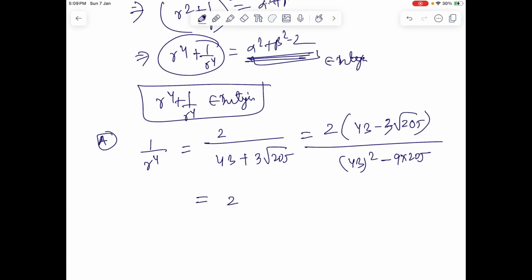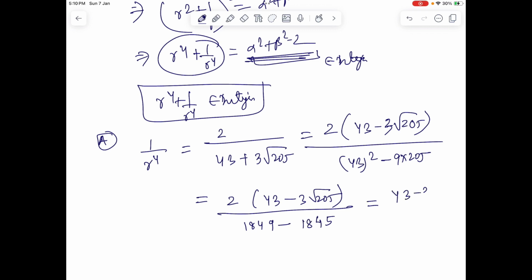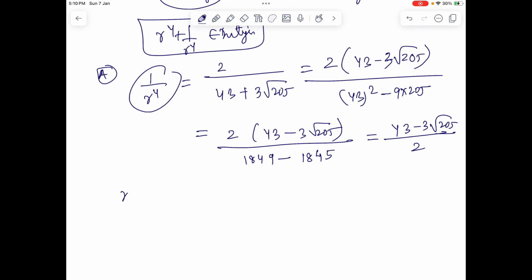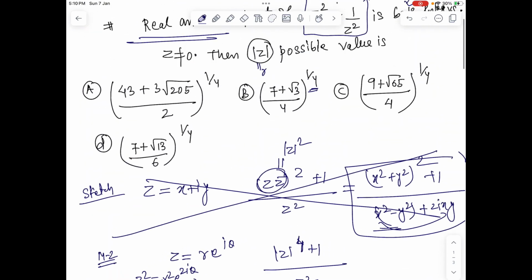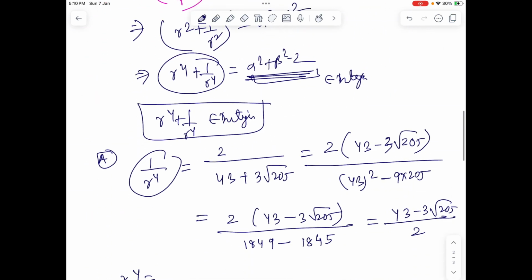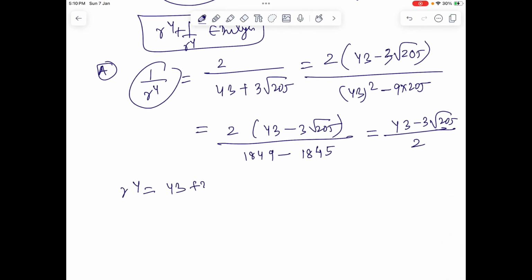A small calculation gives 2 times (43 minus 3√205), where 43 squared is 1849 minus 1845, which gives 4. So this is (43 minus 3√205)/2, your 1/r⁴ value, and the r⁴ value is already known to us, which is (43 + 3√205)/2.